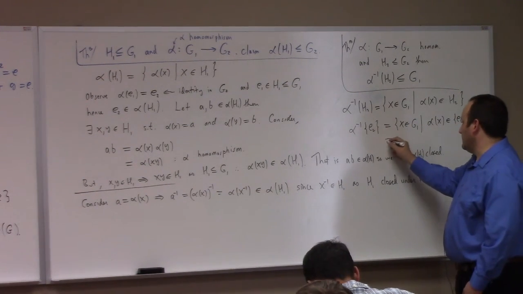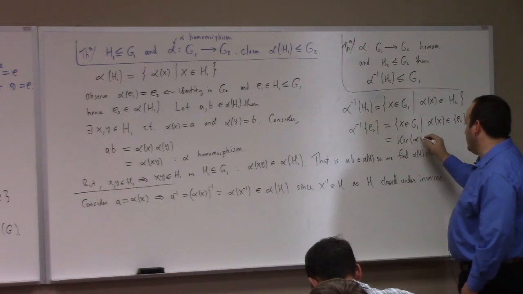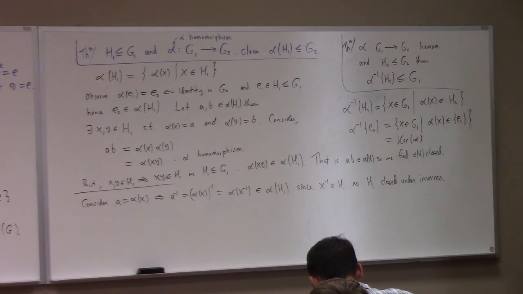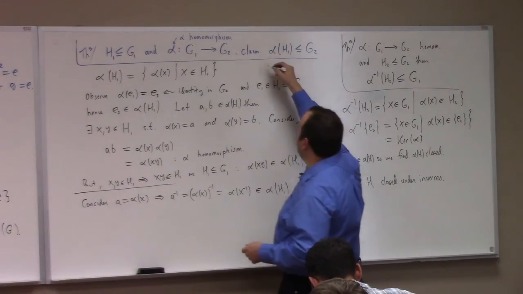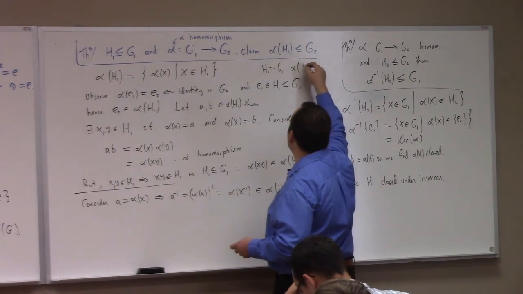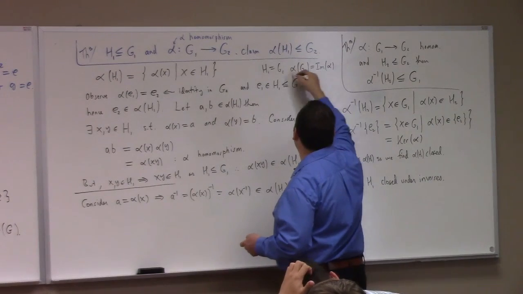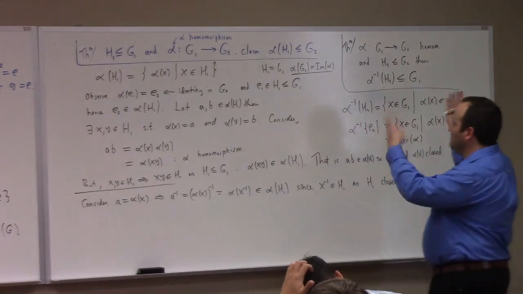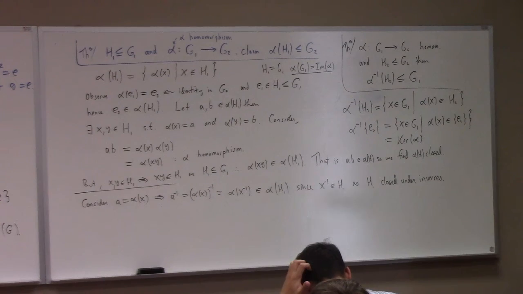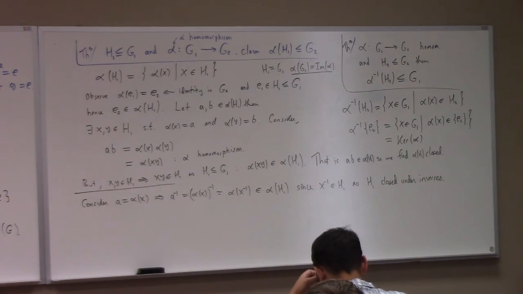Right, this is the kernel. So the kernel, of course, is the most important example of inverse image. And if we put H1 equal to G1 here, alpha of G1 is equal to what? This is the image of alpha, right? So special cases of these two theorems are that the image is a subgroup and the kernel is a subgroup as appropriate.